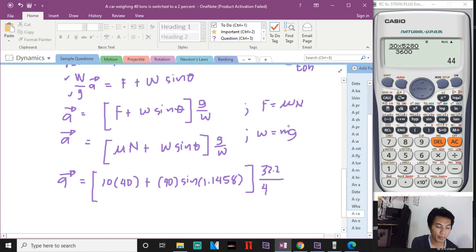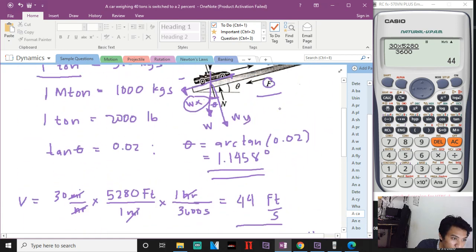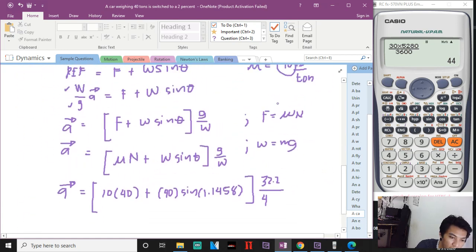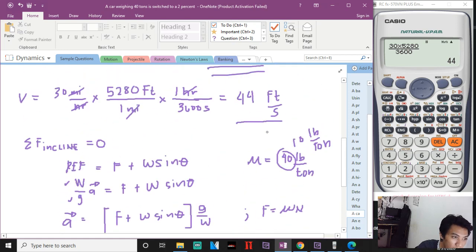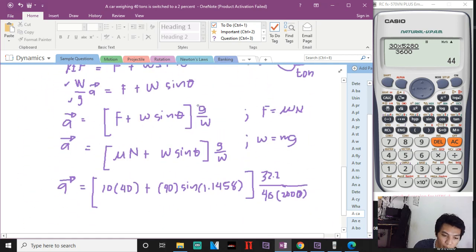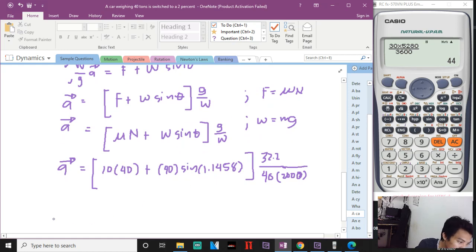W is 40 times 2,000, since 40 tons converted at 2,000 pounds, because 1 ton is 2,000 pounds.